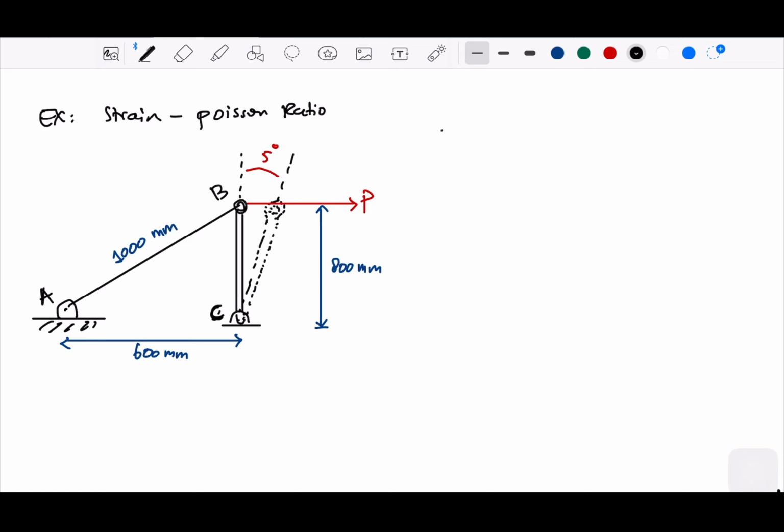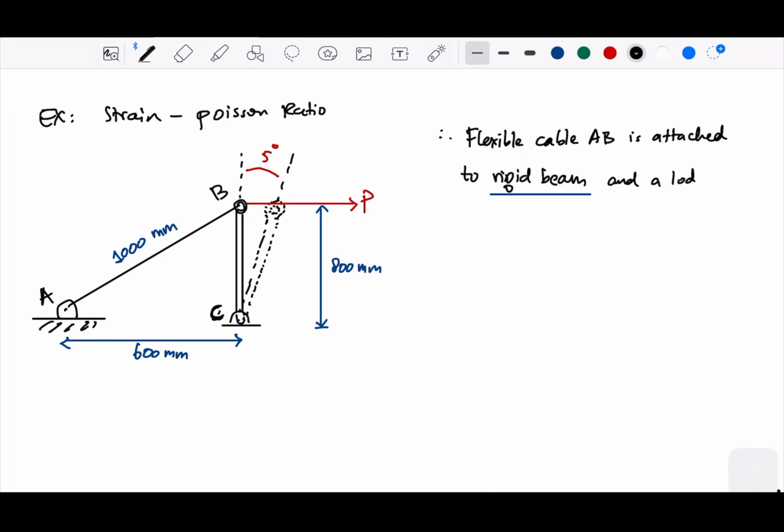So the question or the goal: a flexible cable AB is attached to a rigid beam. Usually this is to simplify the question. So it just says rigid beam, which means that the small angle approximation will apply. And a load P is applied.